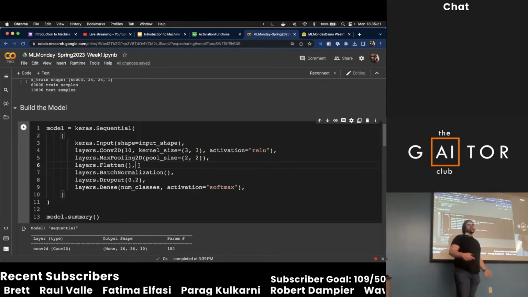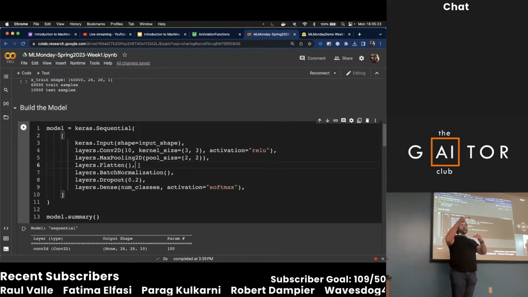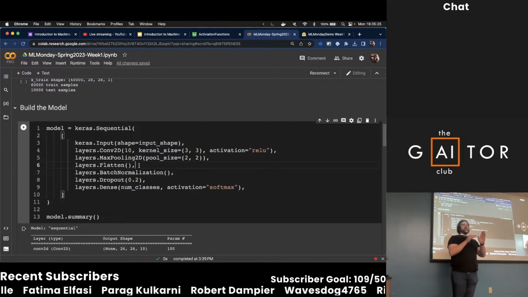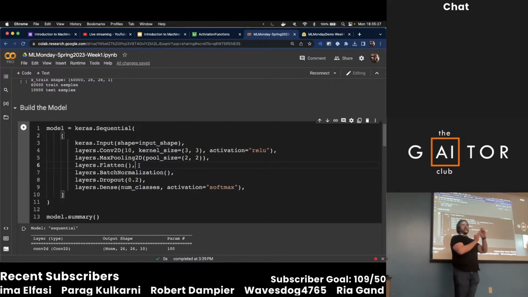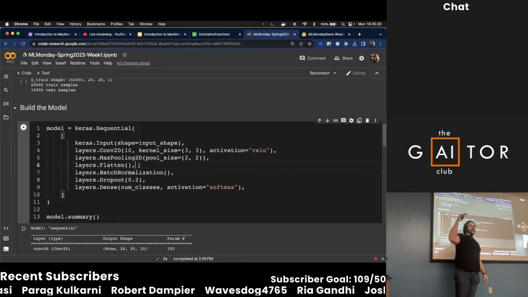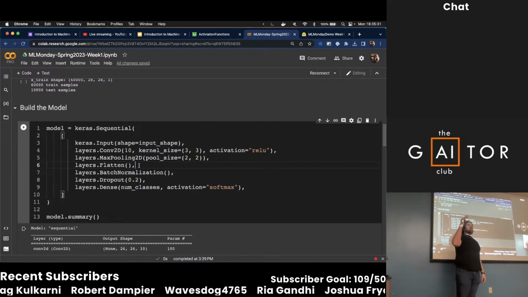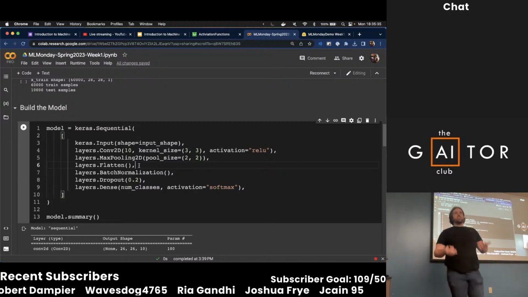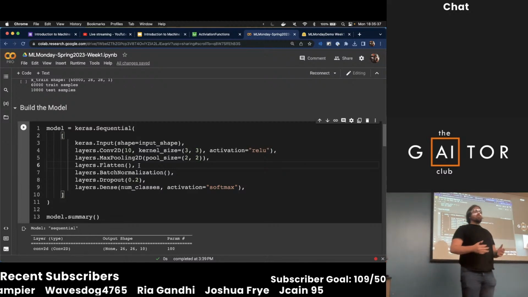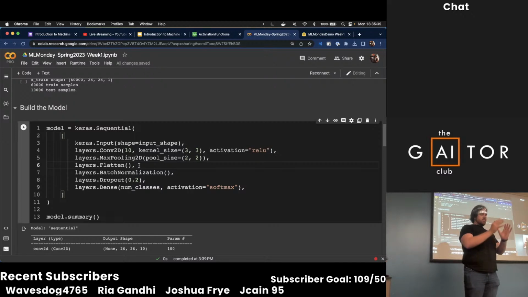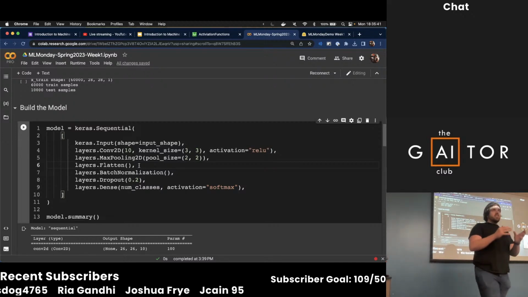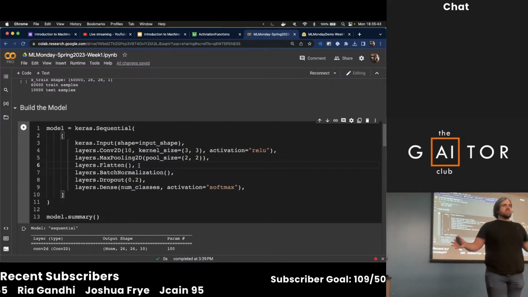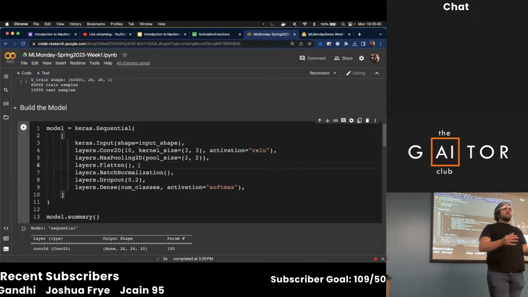Because it's 9 by 9, and then you take those 9 by 9s and you make it all down to 1, and then each time you add a new thing, you're adding 9. Say you don't take it down using a convolution. You're basically doing 9 extra pixels per pixel.